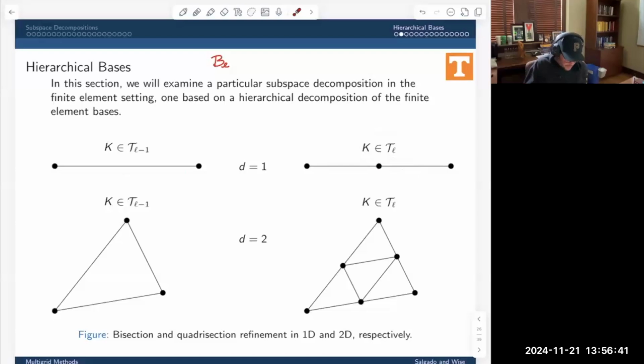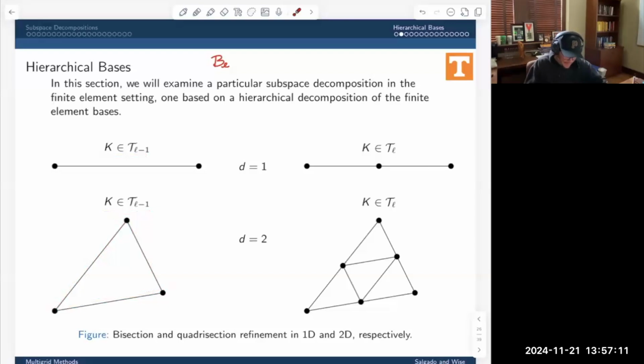Now, if we're in 2D, the parent element is an actual triangle, even though I'll say triangle in any dimension, whether I'm working in 3 dimensions or 4 dimensions or whatever. In general, sometimes we use the term simplex. In any case, I'll just call it a triangle. So if we have a triangulation in d equals 2, then we break that up into a bunch of smaller triangles.